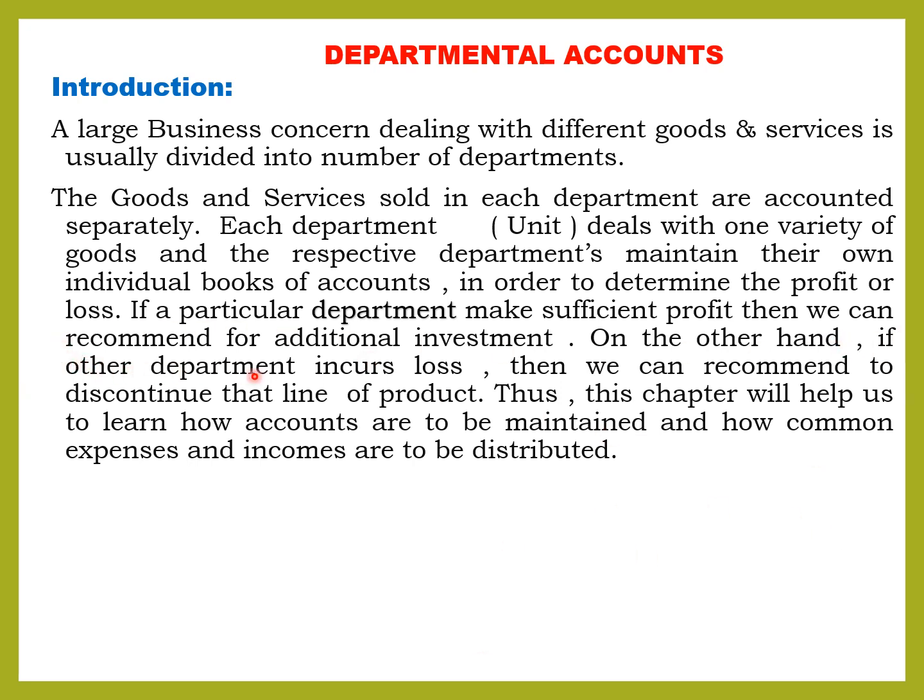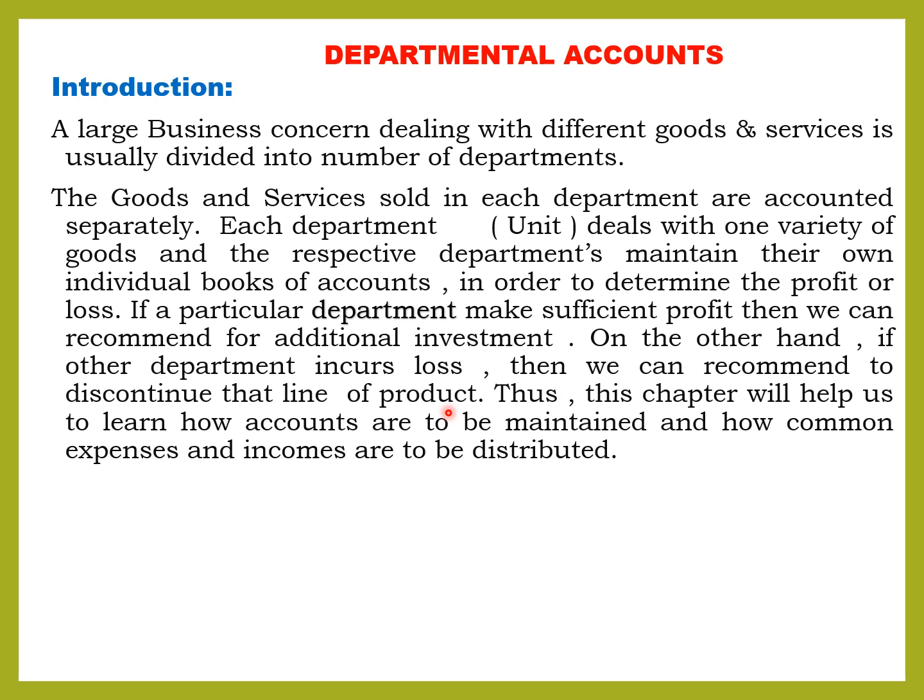For example, if a textile department makes sufficient profit, then we concentrate more on the textile department by expanding sales, etc. On the other hand, if another department incurs loss, then we can recommend to discontinue that line of product.